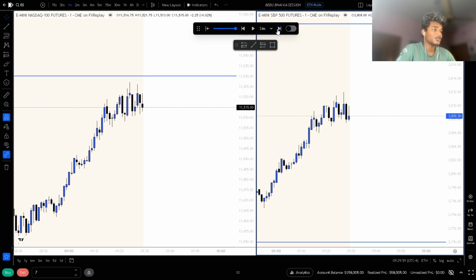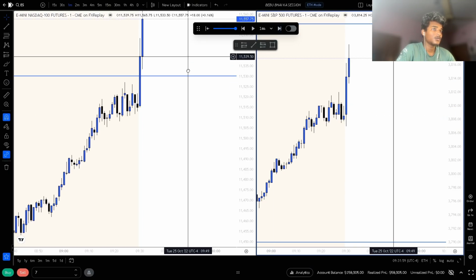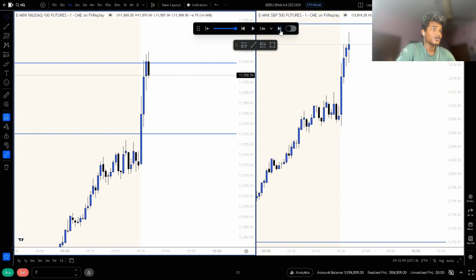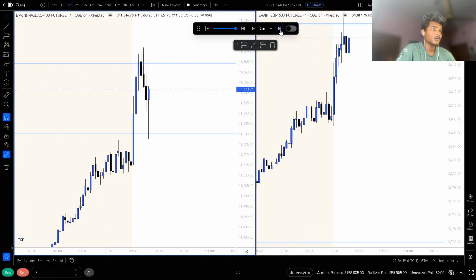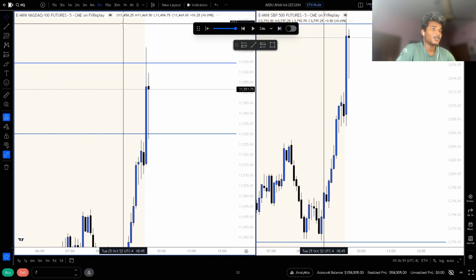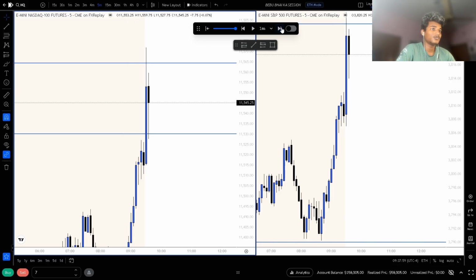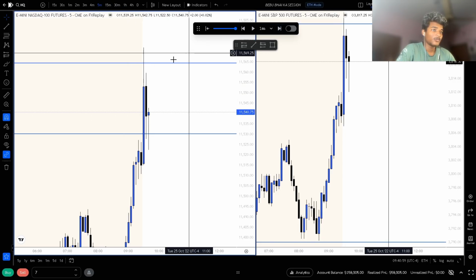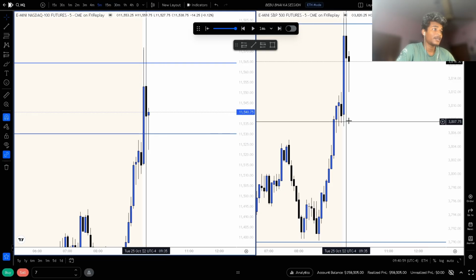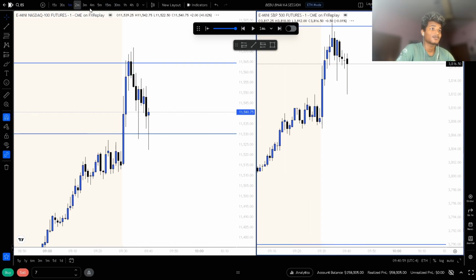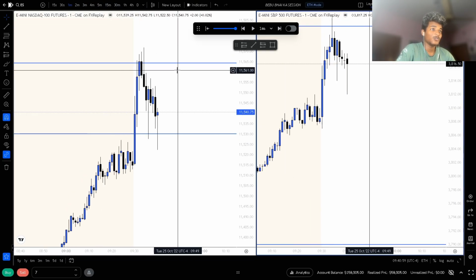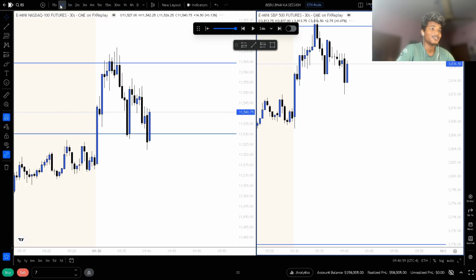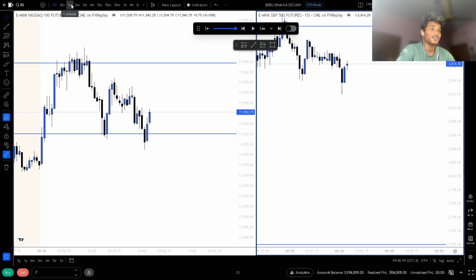So market open is here. Market is manipulated on the upside. It formed this 5 minute. It respected this 5 minute, and no fair value gaps, guys. What the heck is this?